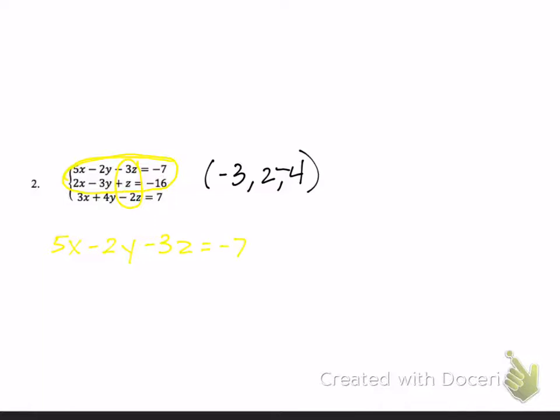And then I'm going to rewrite the second problem by multiplying it times 3. So 3 times 2, 6x minus 9y plus 3z equals negative 48. Then I add down, so 11x minus 11y equals negative 55.